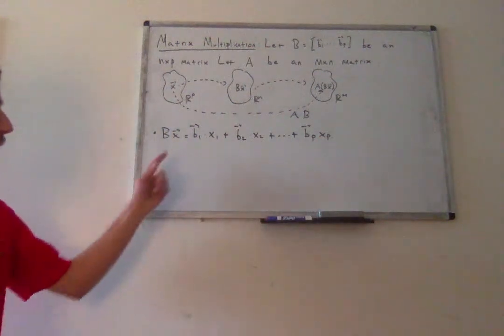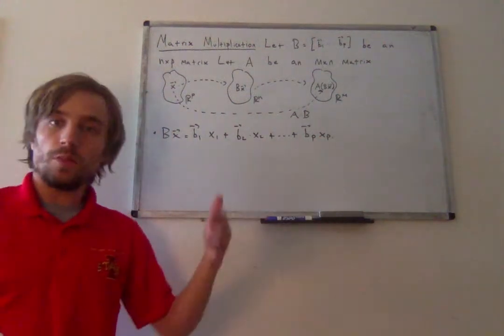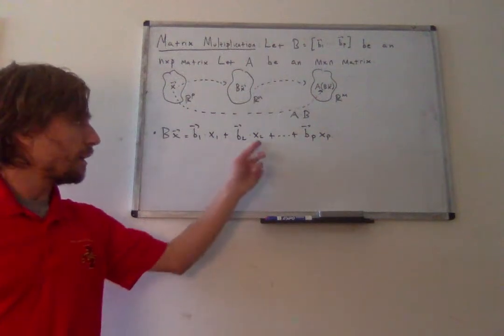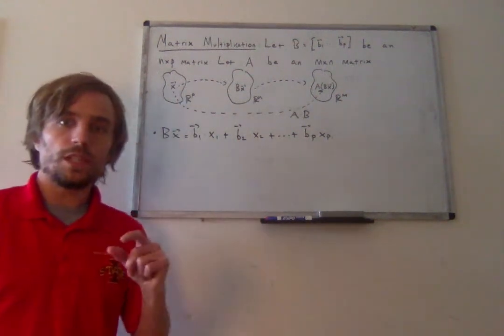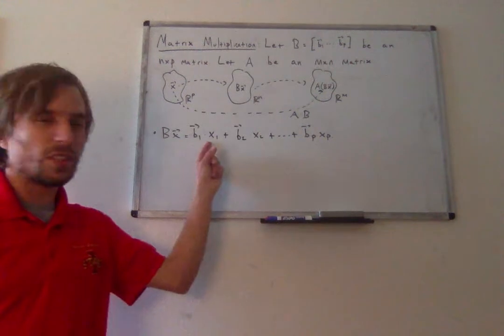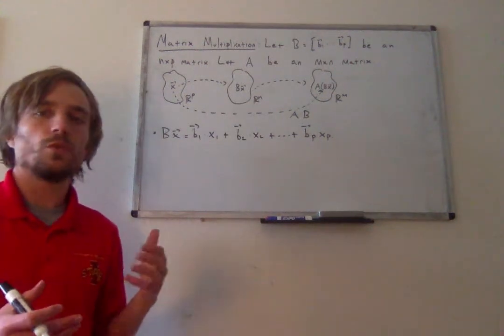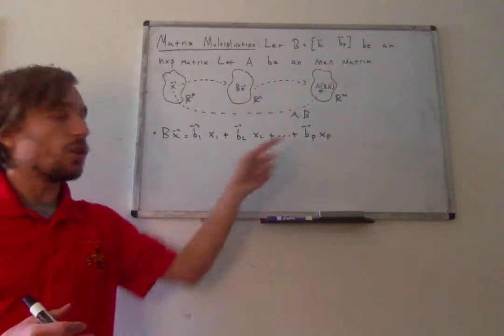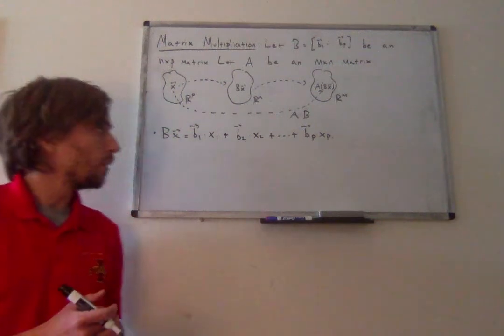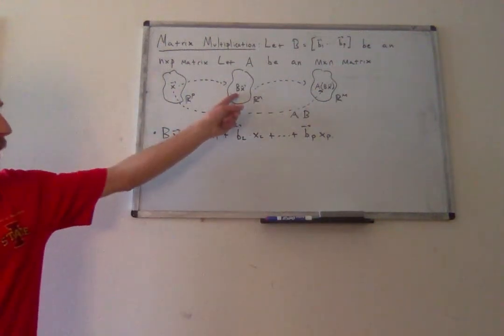In particular, these b's are the columns of B, and the x's are individual entries of the vector x. So these are scalars or variables depending on what type of vector we're looking at, and these are column vectors. So that's B times x.